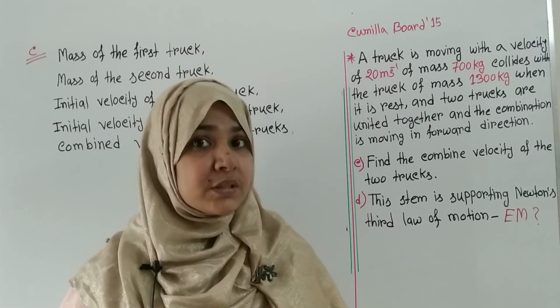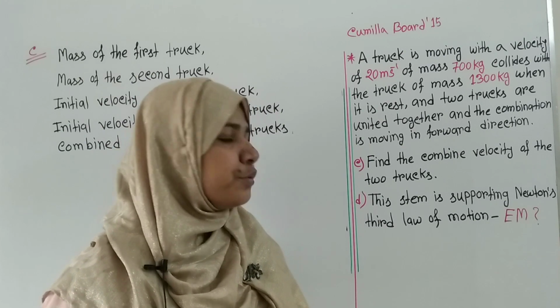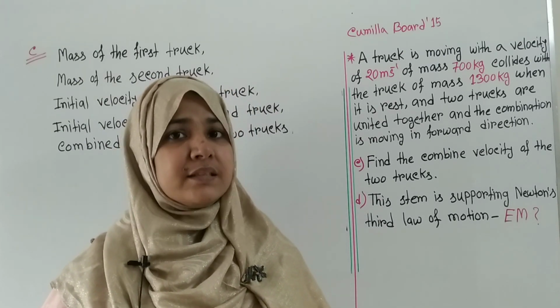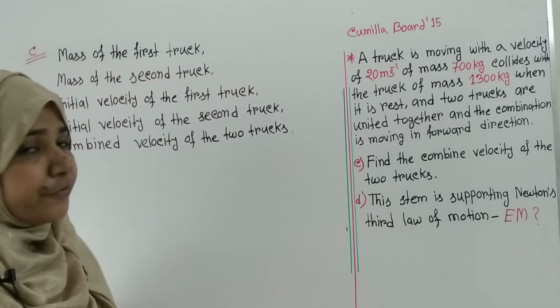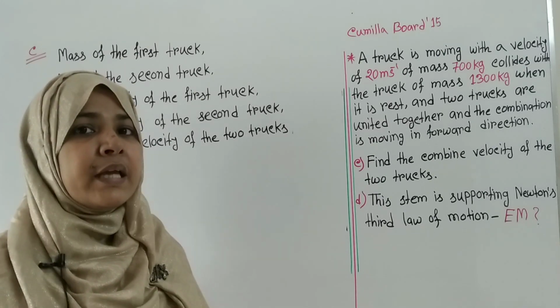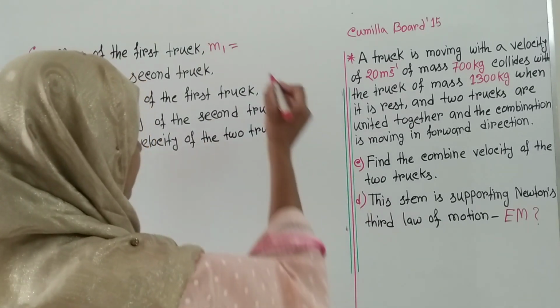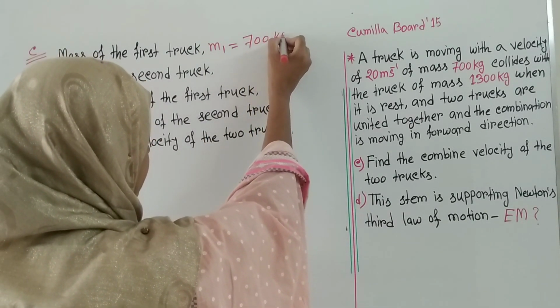So here the question C is: find the combined velocity of the two trucks. To solve this question, the given information is the mass of the first truck. If we denote the mass of the first truck by M1, then the value of M1 is 700 kg.